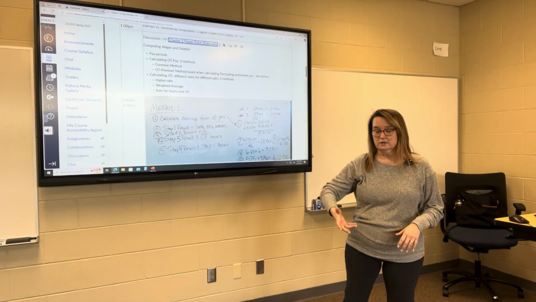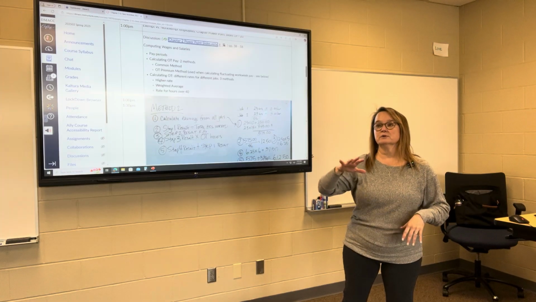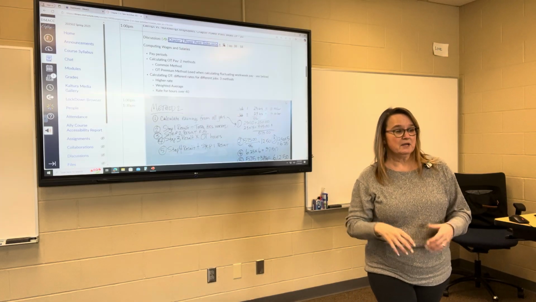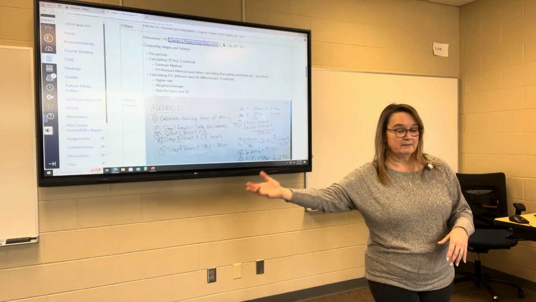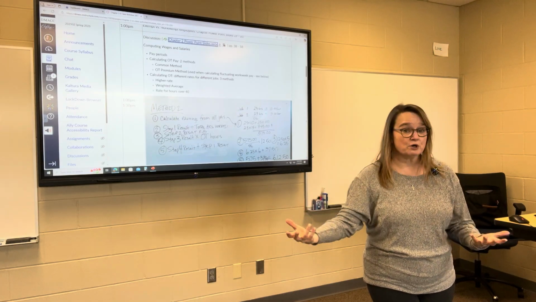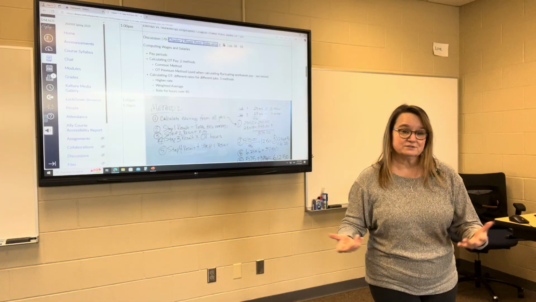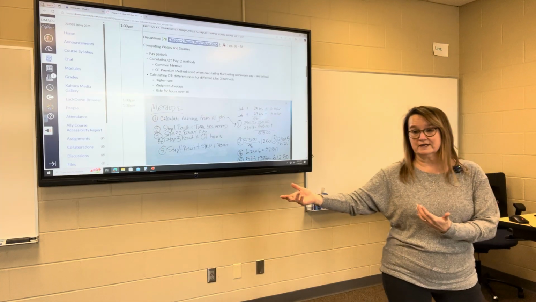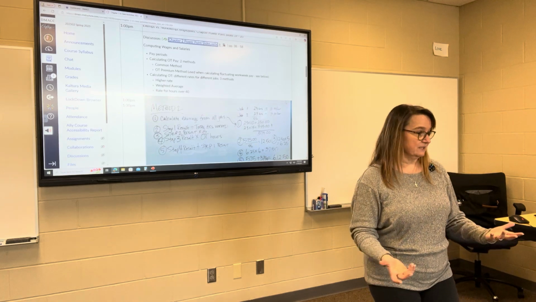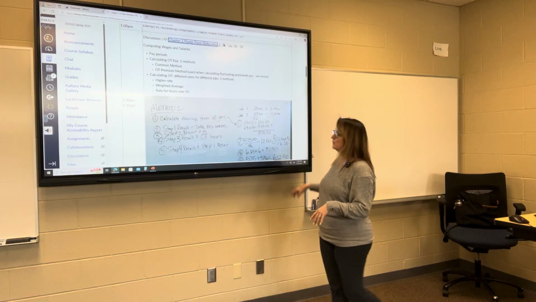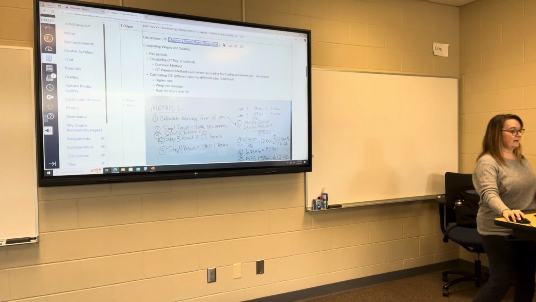They're a greeter for half of the time, but then they worked in the back room as a cook for the other half of the time, and they worked overtime at two different rates. They're $12 an hour as a greeter, but $14 an hour as a cook. How do we calculate that overtime? Again, we have a choice in how we're going to do that. There are three different ways, and we're going to go through those calculations.